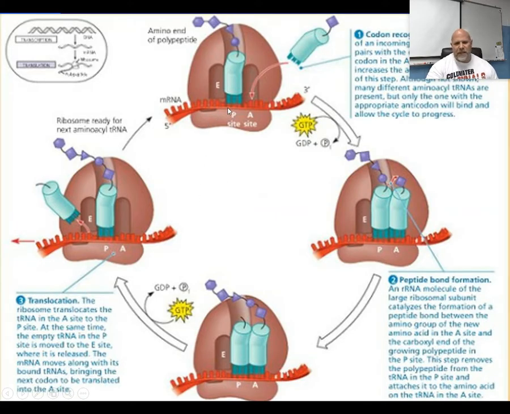So here you can see it kind of in a cyclical fashion. Okay, so you have a new one coming into the attachment site. You get a bond that forms between the two amino acids.